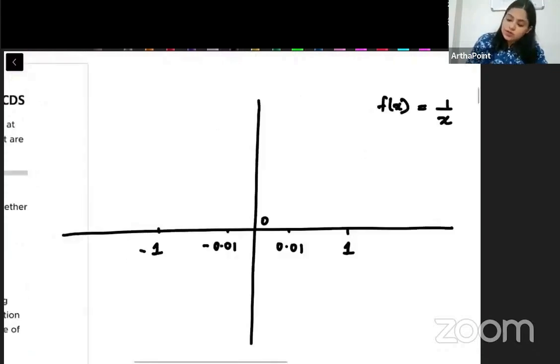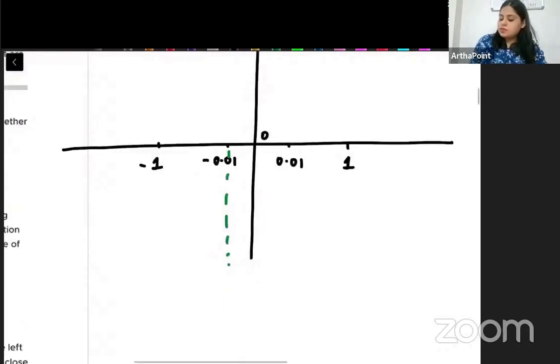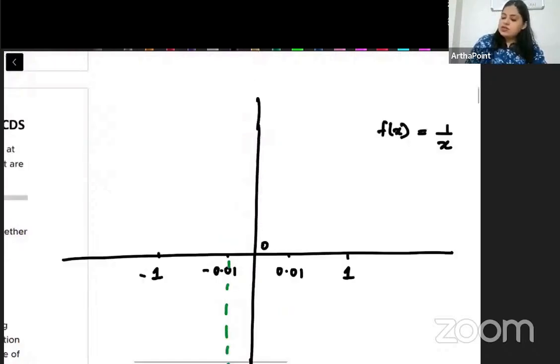The value of the function will be very, very large, -100. And when I take 0.01, it is going to be 100.